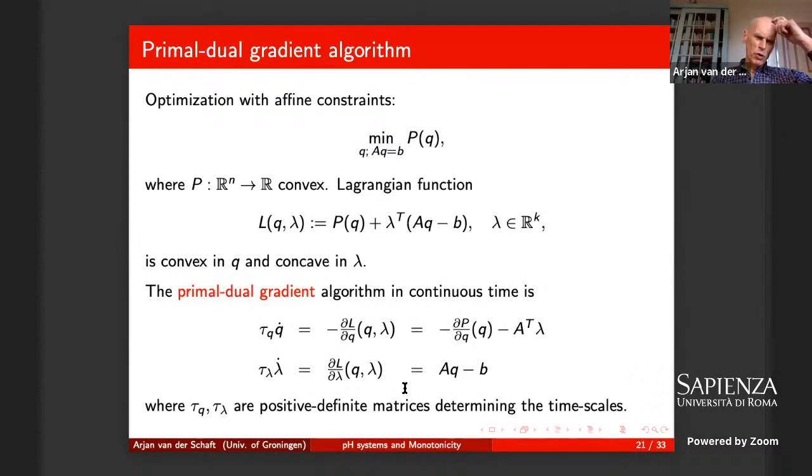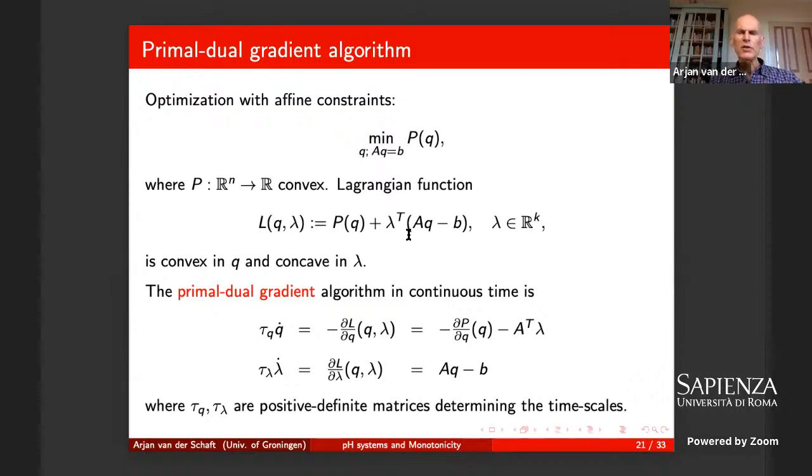Another example from convex optimization is a primal dual gradient algorithm in continuous time, where you want to minimize again a convex function P, but now subject to affine constraints, so constraints Aq equal to b for some matrix A and vector b.